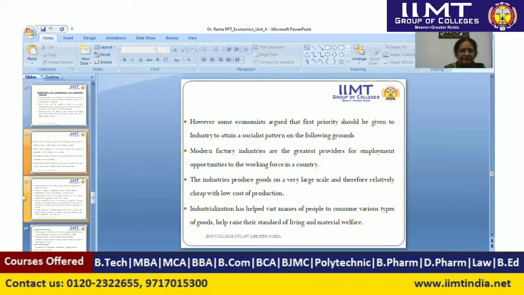and material welfare. The raw material we get from agriculture is used for the fulfillment of industries, and the industries produce goods on a very large scale and therefore relatively cheap, and their cost of production will be cheap.